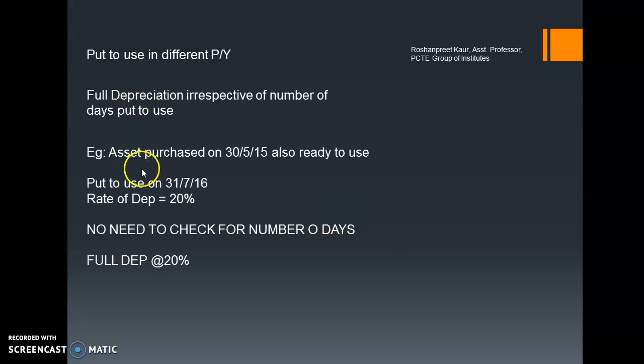For example, you have purchased an asset on 30 May 2015 and it is also ready to use, but you have put it to use in another financial year, 16-17. The rate of depreciation is 20%. In this case, you need not check the number of days it has been put to use. So the full rate, that is 20%, full depreciation will be provided to you.